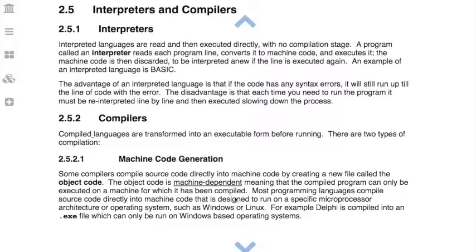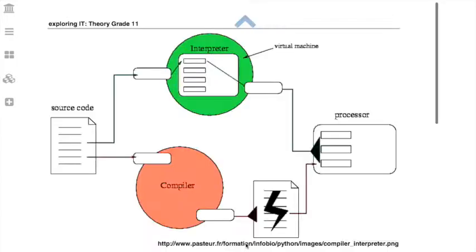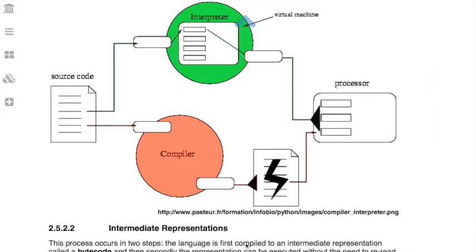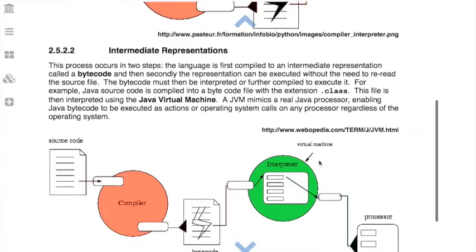Interpreters, advantage, they can be run on any platform without having to recompile or reinterpret. Disadvantage, they are a bit slower because of the overhead required to do that. And you can see we've got a bit of a diagram here. The source code gets into an interpreter, gets translated one line at a time and sent to a processor, and the source code for a compiler all gets compiled to machine code, and that is run.